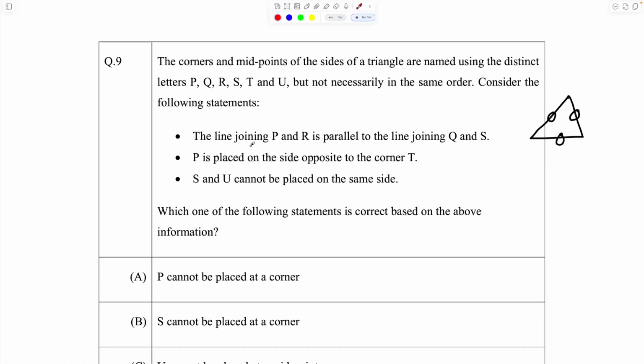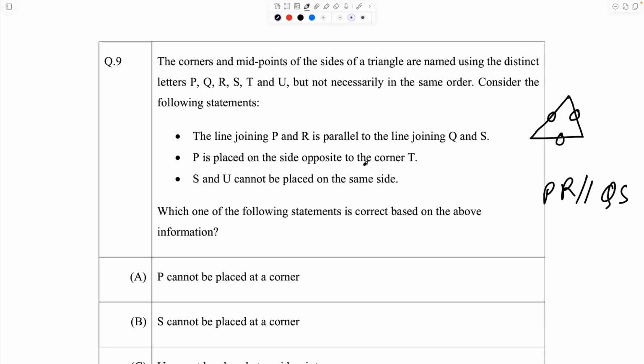So what are the fundamental constraints that are provided to us? The fundamental constraints are that the line PR is parallel to the line QS. Okay, so PR is parallel to QS, right?